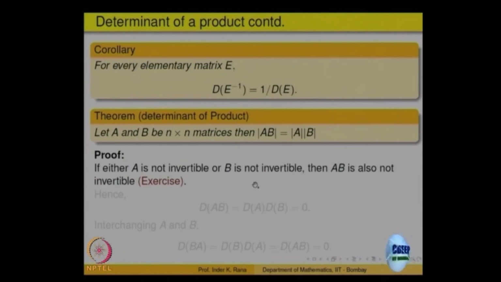Possibly either A is not invertible or B is not invertible. If that is the case, then the product cannot be invertible. It is a simple fact, so I am leaving it as an exercise for you to check, that if either A or B is not invertible, then the product cannot be invertible.